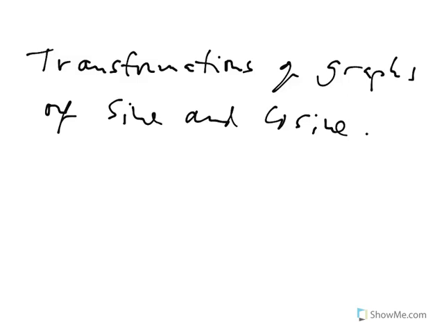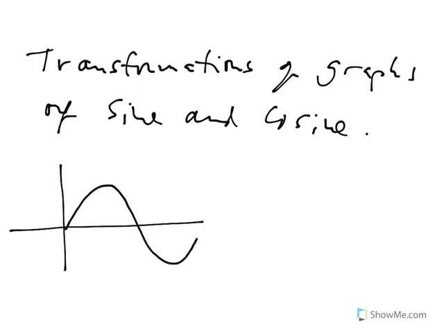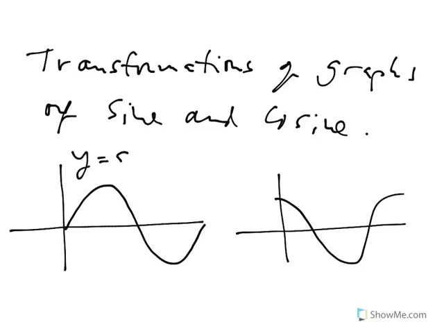In the last lesson, we saw that the graph of sine looks something like that, and the graph of cosine looks something like that.